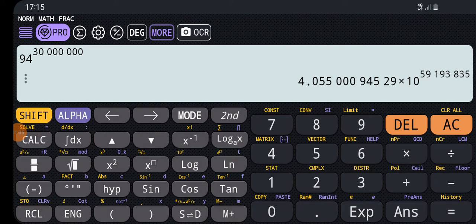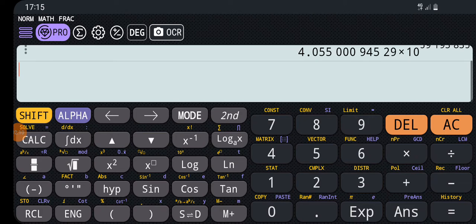Yes, 94 to the power of 30 million, which gives us a total of 4.05500094529 times 10 to the power of 59,193,835. Yep, that's how big this thing is.